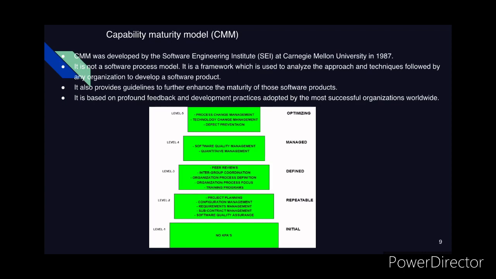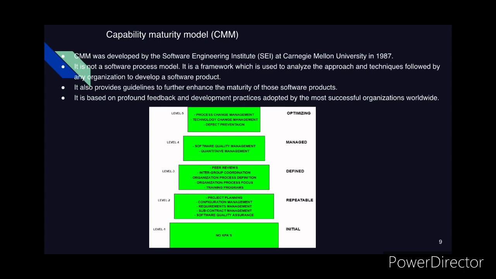Now as you can see in the diagram, there are different levels of CMM. Five levels of CMM are there: the initial level, the repeatable level, the defined level, managed level, and optimizing level. The first level, that is initial, here no KPAs are used. Now what do you mean by KPA?